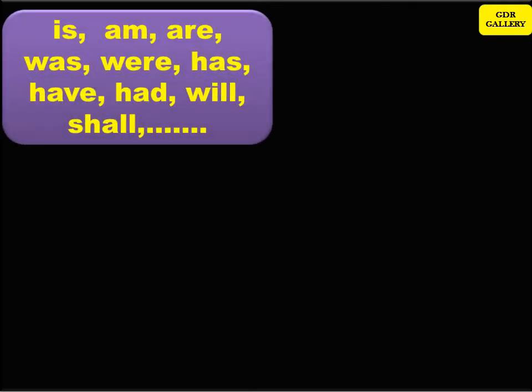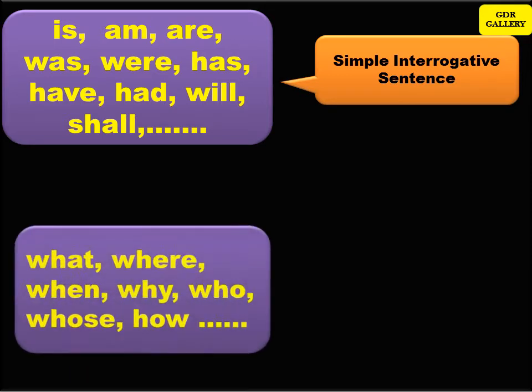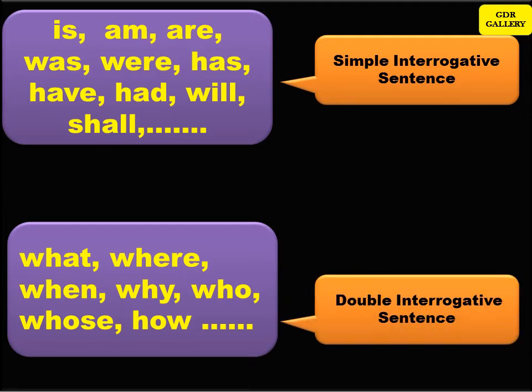When a question begins with the helping verbs such as is, am, are, was, were, has, have, had, will, shall, such interrogative sentences you call them as simple interrogative sentences. Whereas, when a question begins with a question word such as what, where, when, why, who, whose, how, and so on, it is called double interrogative sentence.